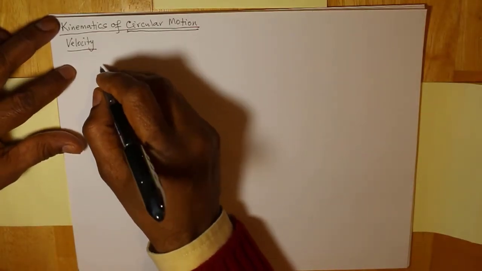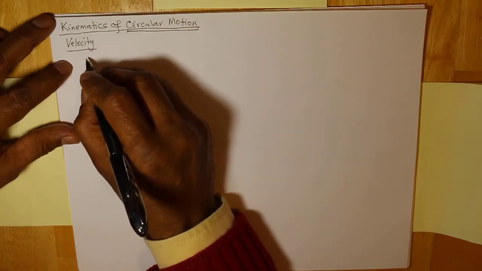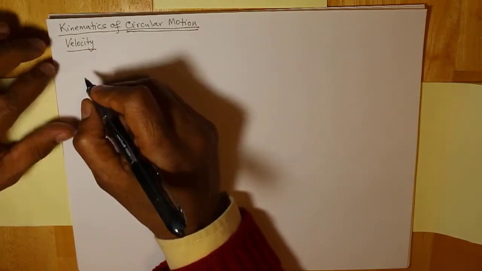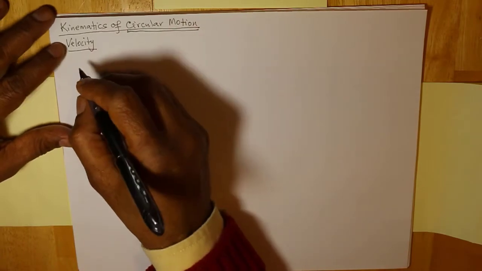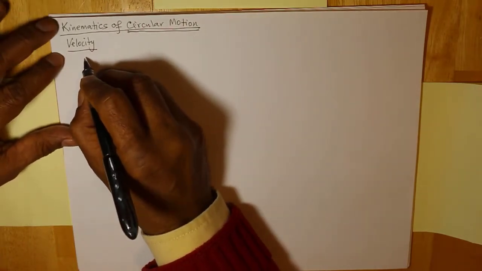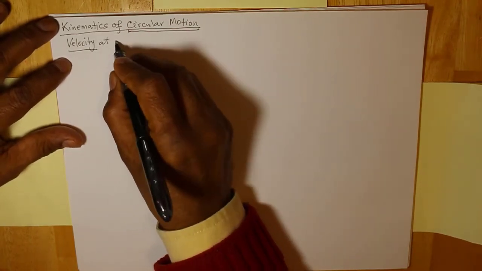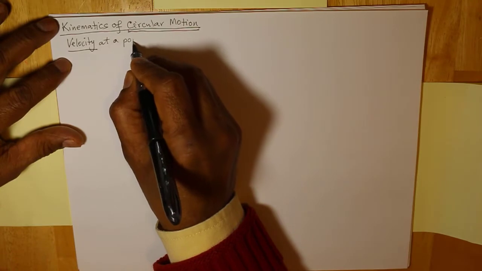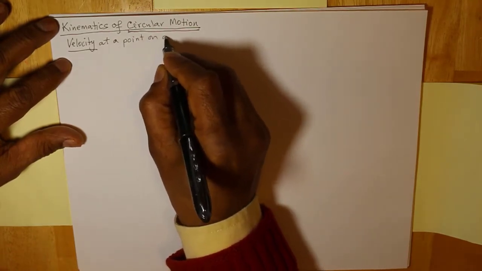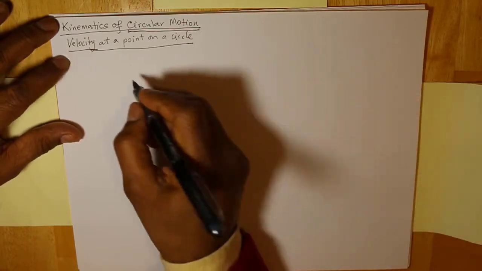So if you remember, velocity, you can talk about average velocity or instantaneous velocity. We will refer to instantaneous velocity at a point on a circle. Okay, so let's look at what we will mean by velocity.